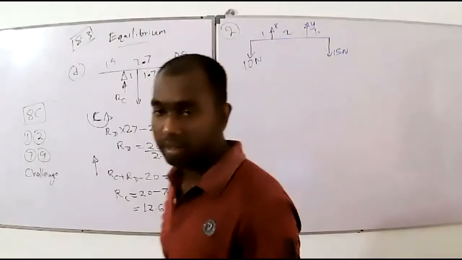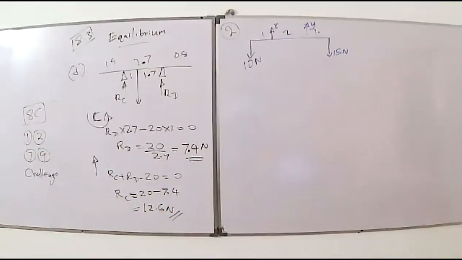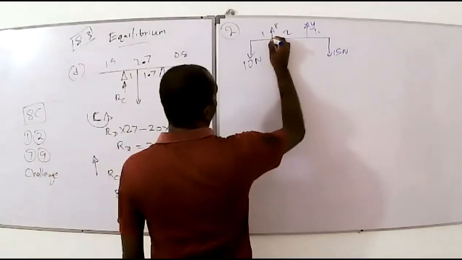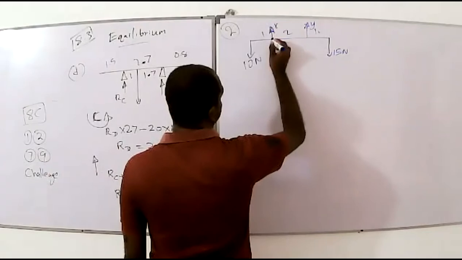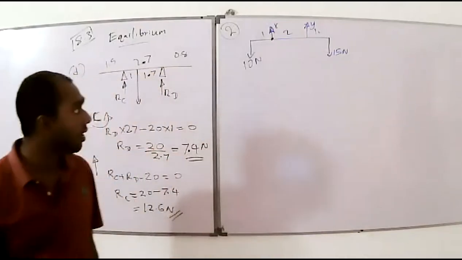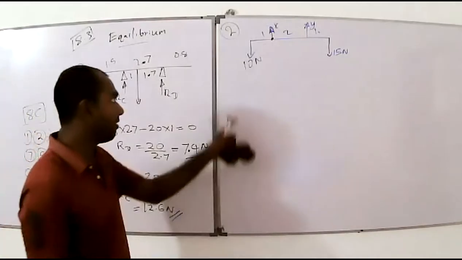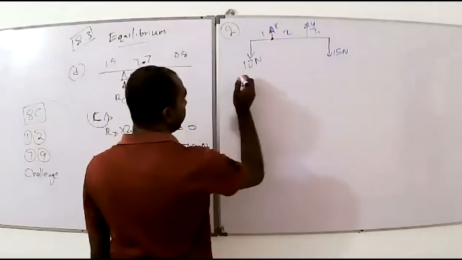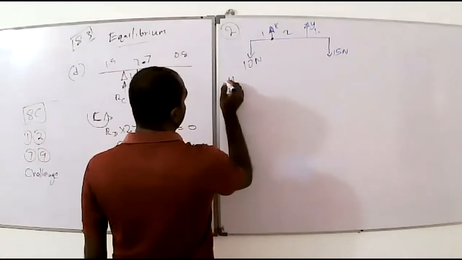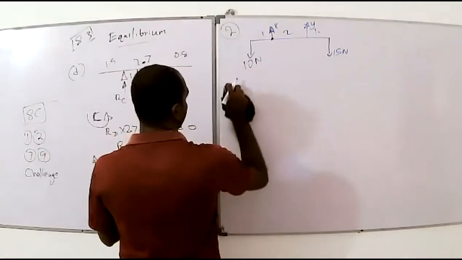Okay, when we are solving this, it's always easy to pick a point where the other force will not come. So if I pick this point x, what's going to happen? Only y will come as the unknown term if I take moments. So I'm going to take moments around x.